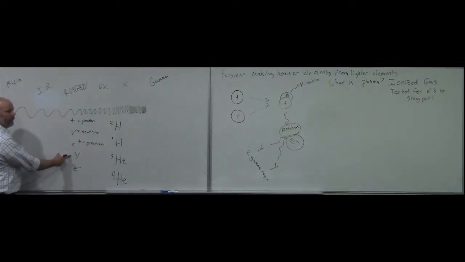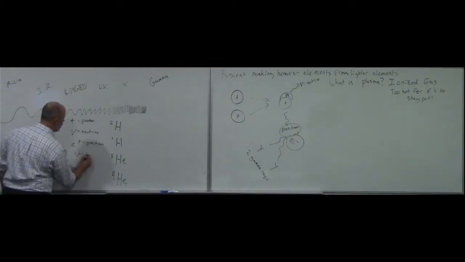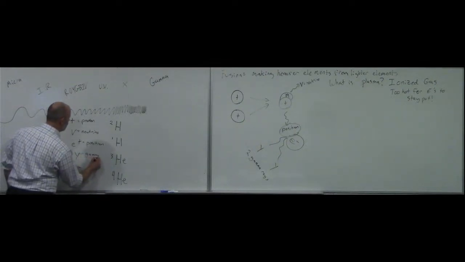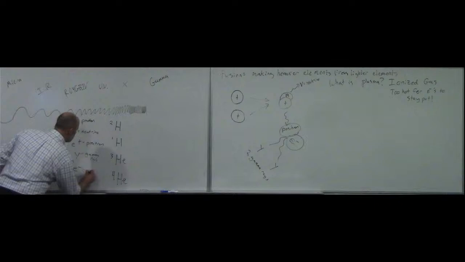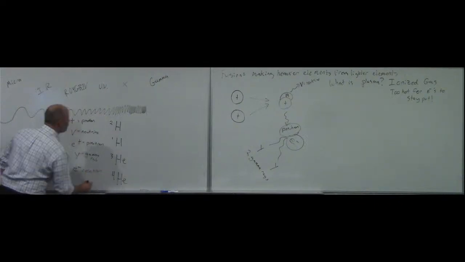The gamma symbol. Gamma ray. E with a negative. Electron. H with a 1 by it. Hydrogen. It's hydrogen with a mass of 1.